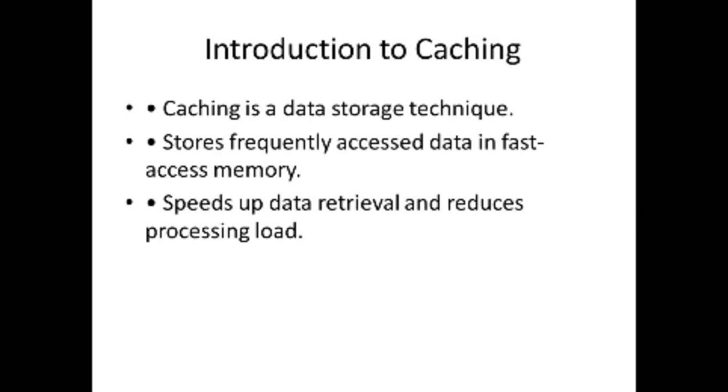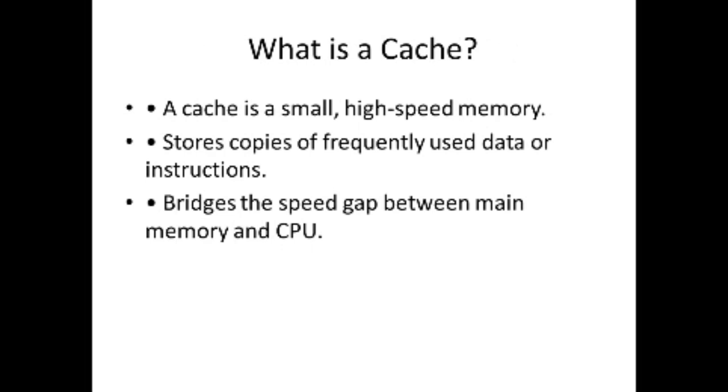So if you want to retrieve your data, you want to get back the data, the cache helps you to do that, and it does that very fast. So what is cache? Cache is a small high speed memory. It's not big, but it's very powerful.